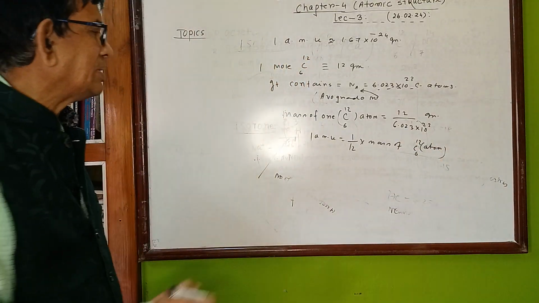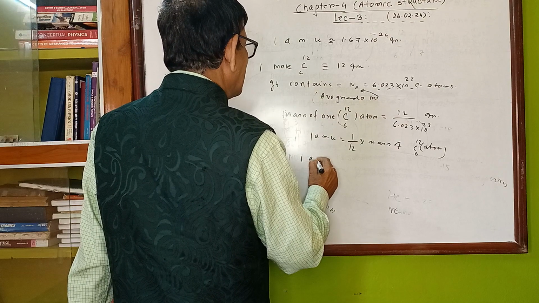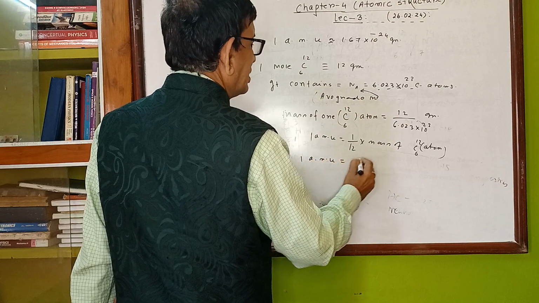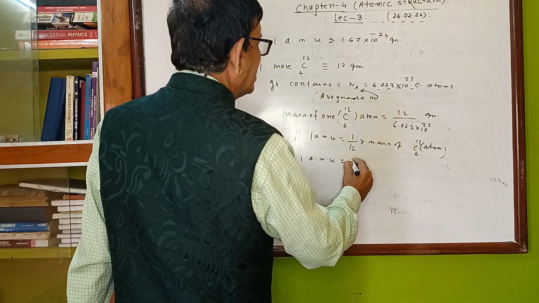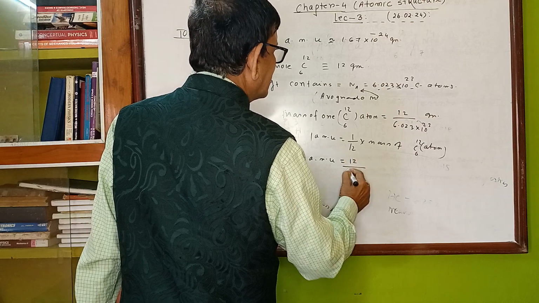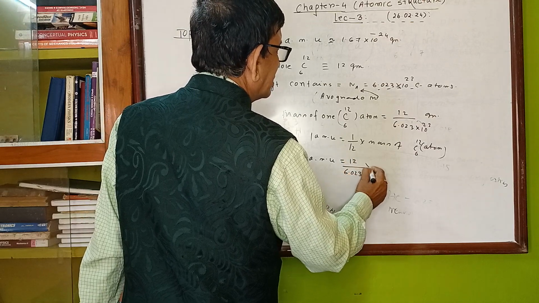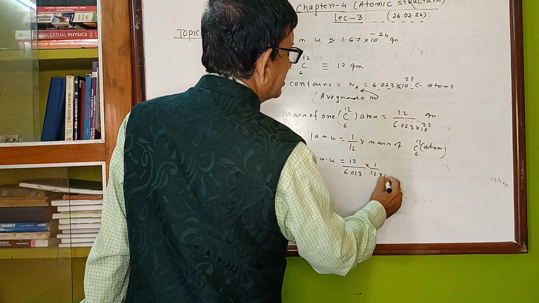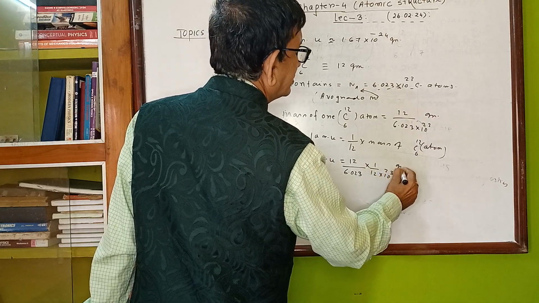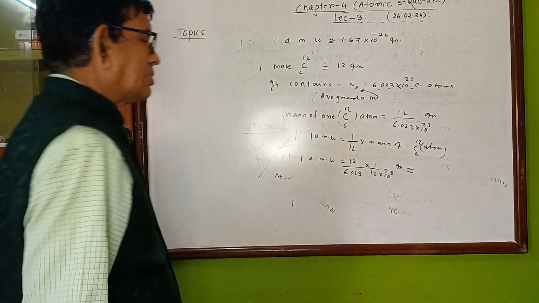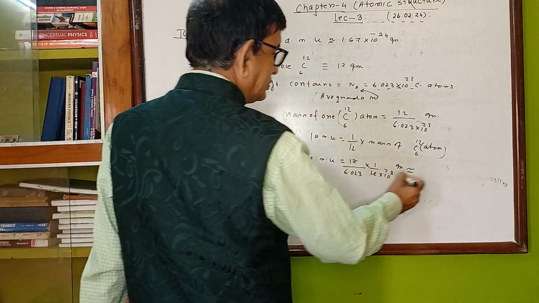1/12 of the mass. That means one atomic mass unit, you are getting this divided by 12. So you are getting 12 by 6.023 into 1 by 12, 10 to the power minus 23 gram. Roughly it will come out, 12 you cancel.